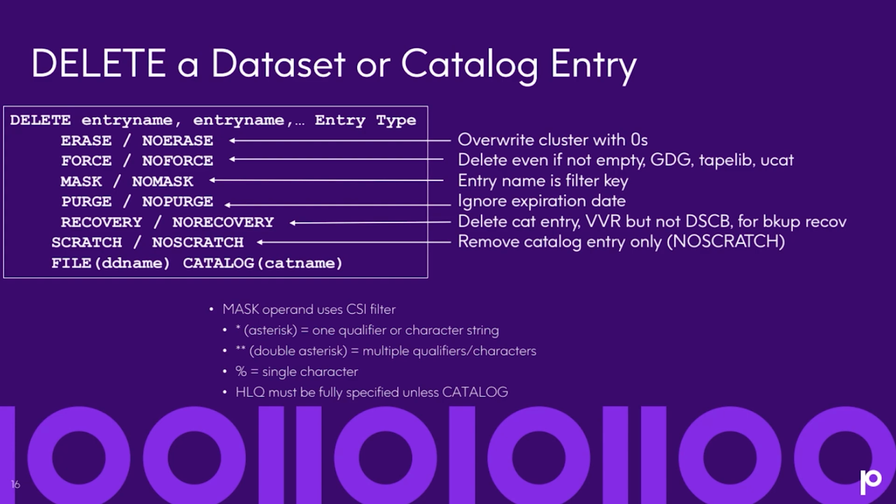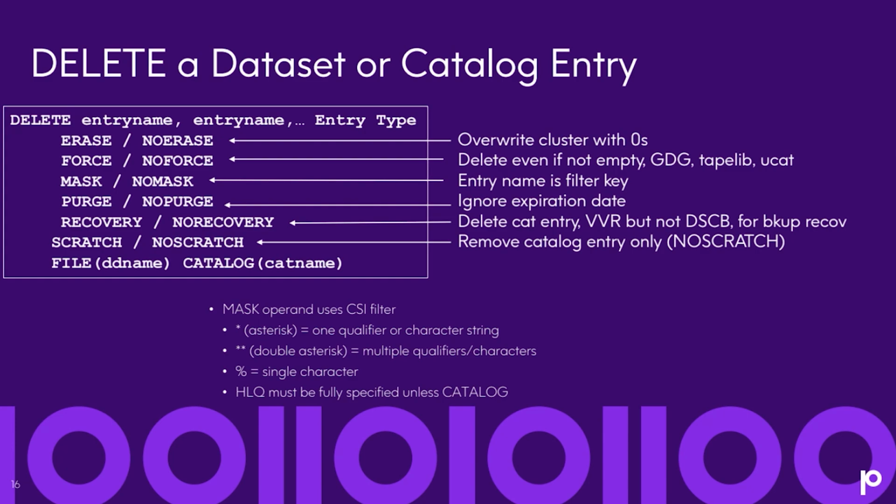And there's a couple of different ways of going about a delete. You specify an entry name or an entry name mask. And the masking on delete is a little bit more sophisticated than it is on listcat. Listcat really basically allows me to list high-level qualifiers and maybe mask one or two qualifiers. If I specify mask or no mask, I have to specify mask because the default is no mask.